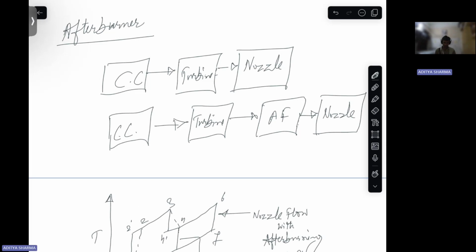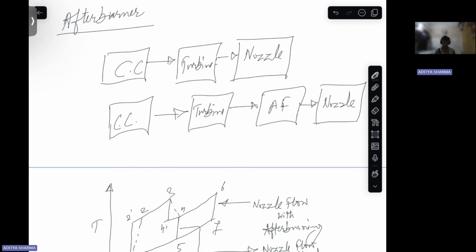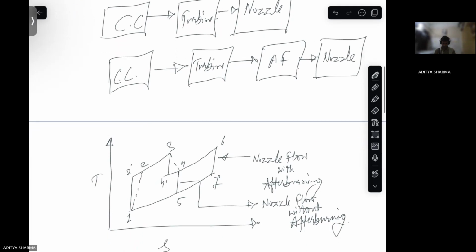So this is the correct schematic. After the combustion chamber, you have your turbine expansion taking place in the turbine. Then from there it goes to the afterburner, and then again it goes to normal.